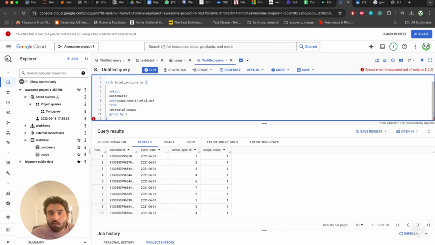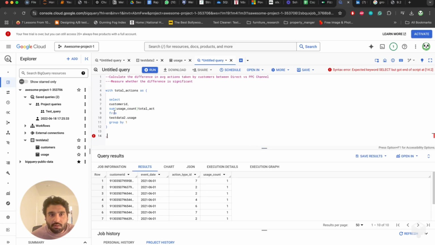Now for each customer, we get the total actions they took over time. That's the aggregate. Now we need to find which channel each customer belonged to, because we need to group by it.